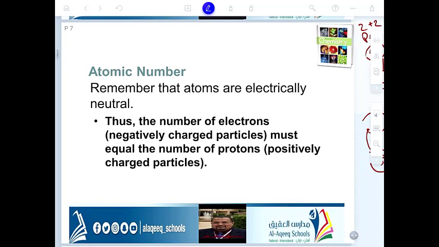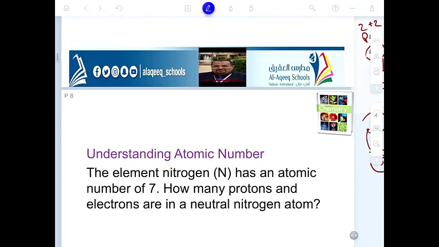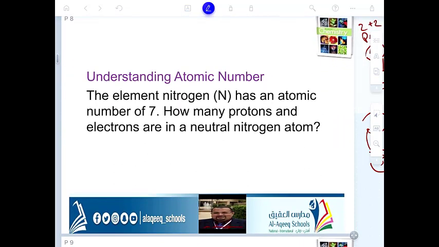So atomic number is the number of protons, and as I said, if it's electrically neutral, the atomic number is the same as the number of electrons as well. For example, nitrogen has atomic number 7. We need to answer this: how many protons and electrons are in the neutral nitrogen atom?